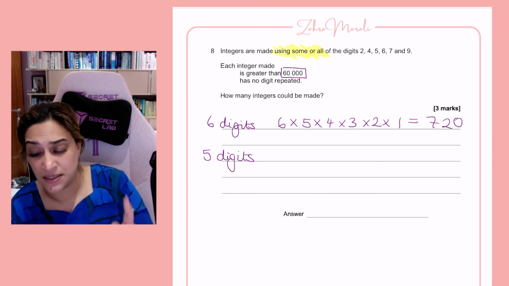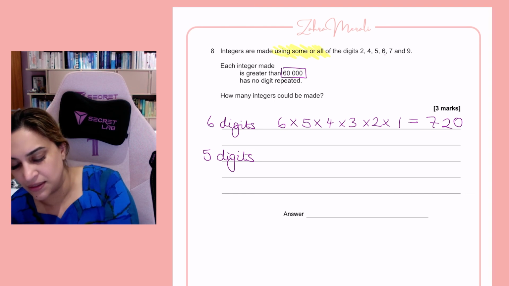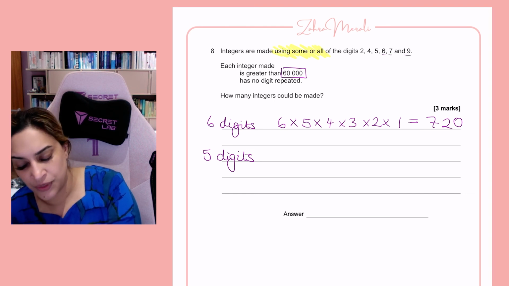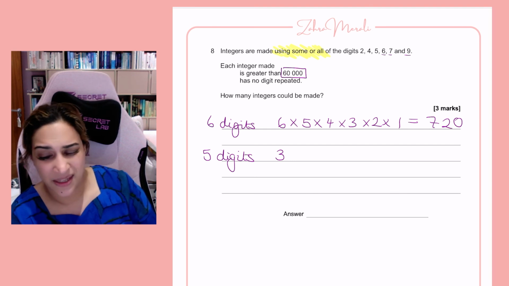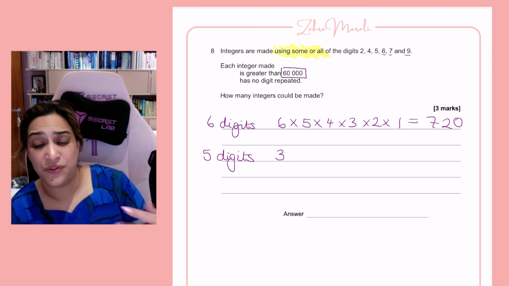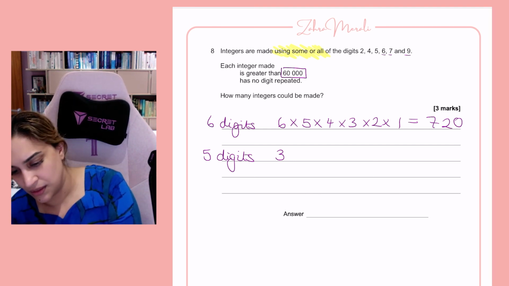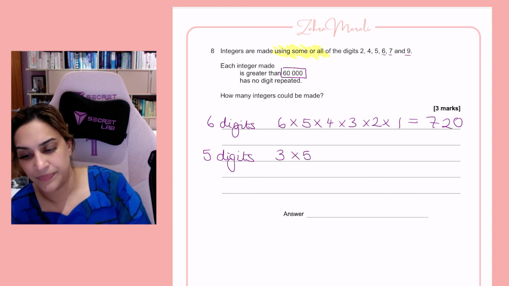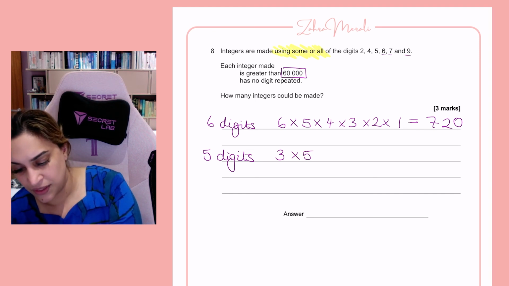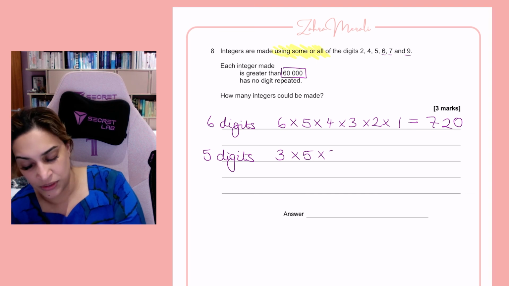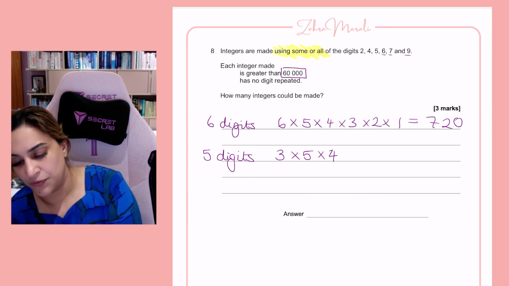Now, if we were to use 5 digits, we want it to be bigger than 60,000. So the only options for the first number are 6, 7, and 9. So we've got 3 options for the first number. For the second number, it can be any of the 6 except for the one we've used to start with. So we've got 5 options. And the same for the third number will follow suit, will be 4 digits.